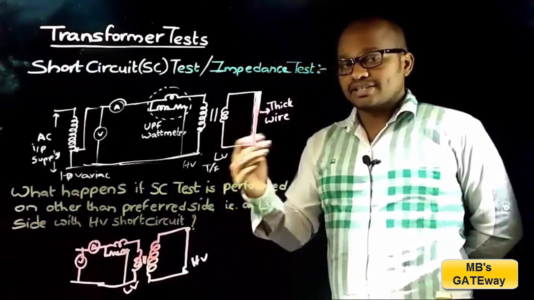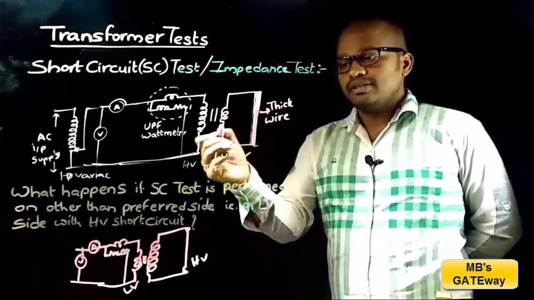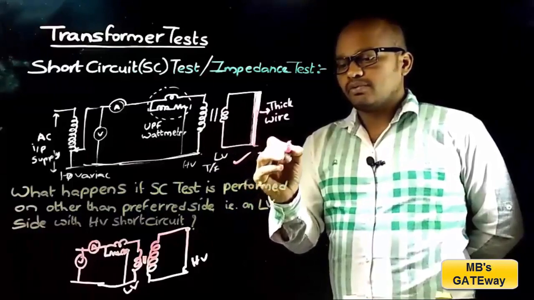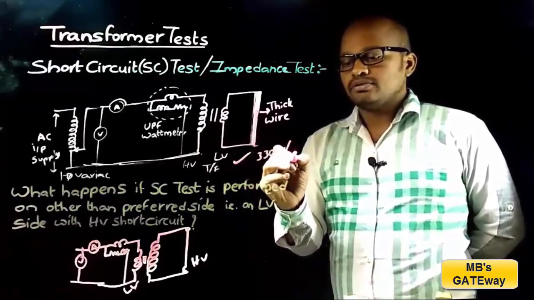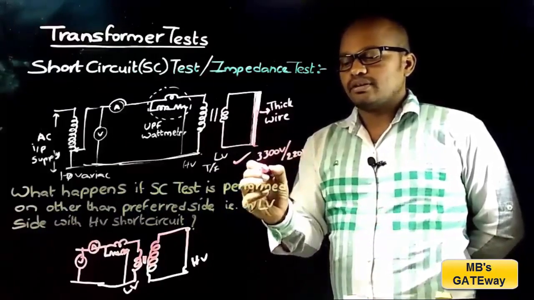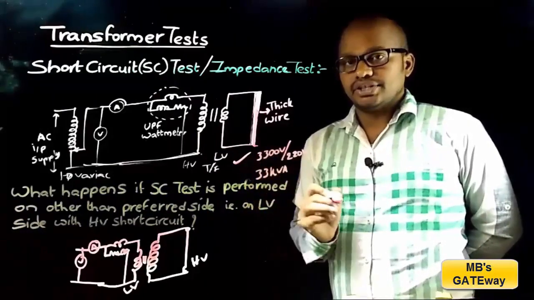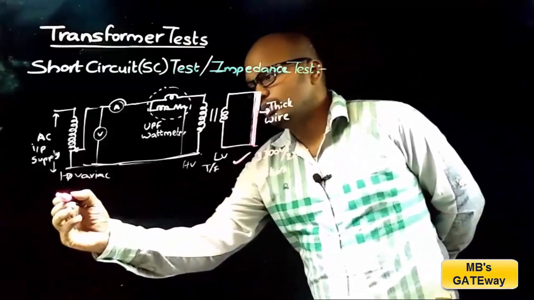To understand that, let's consider an example. Let's take the transformer with 3300 volts by 220 volts and 33 kVA rating. For that, let's consider two cases.